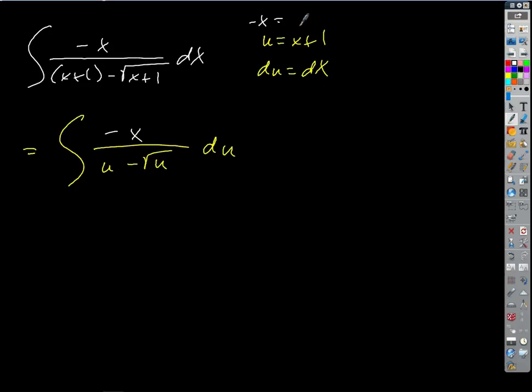We could even say negative x equals 1 minus u, right? And so then that's the substitution I can make up there. I could rewrite this as the integral of 1 minus u over u minus the square root of u du. Okay? That's kind of a little bit of a mess, isn't it?